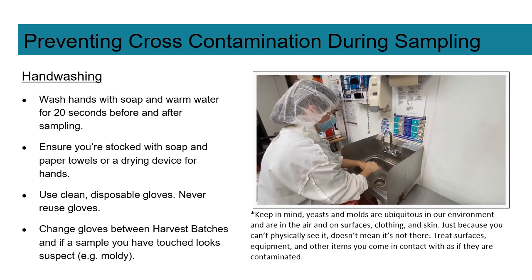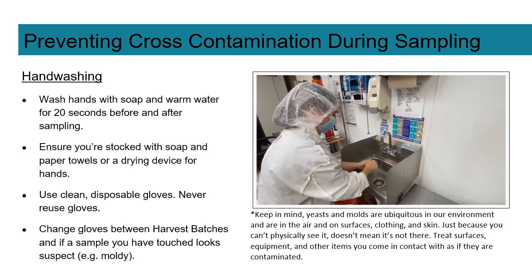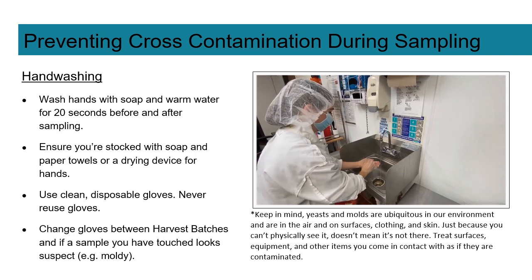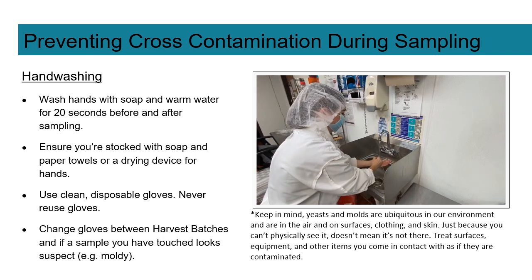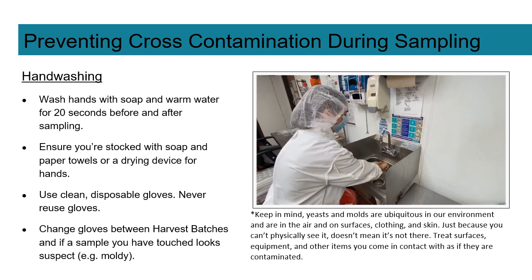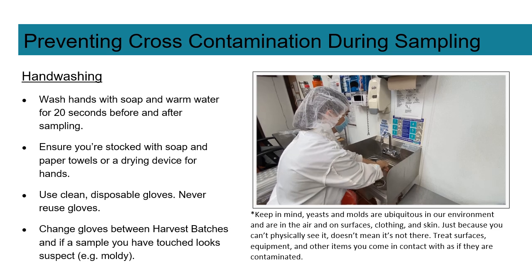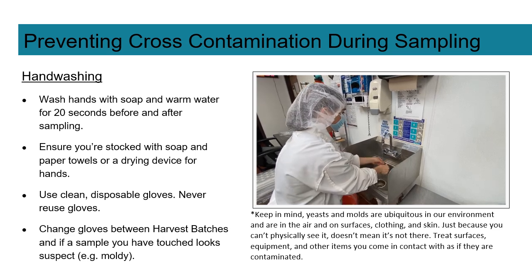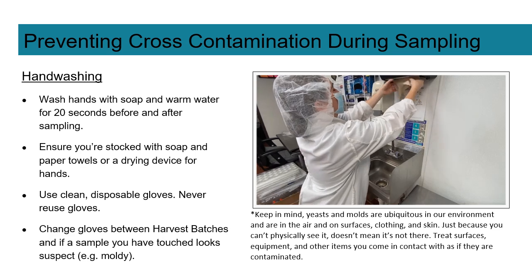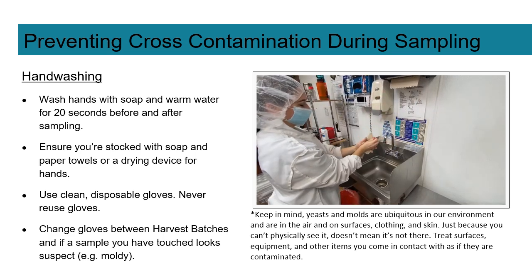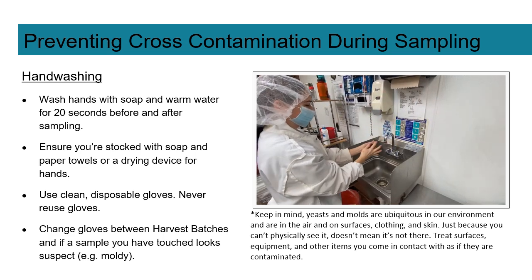Scrub hands and arms vigorously. Scrub them for 10 to 15 seconds. Clean under fingernails and between fingers. Rinse hands and arms thoroughly. Use warm running water. Dry hands and arms using paper towels or a drying device. Never use your uniform to dry your hands.